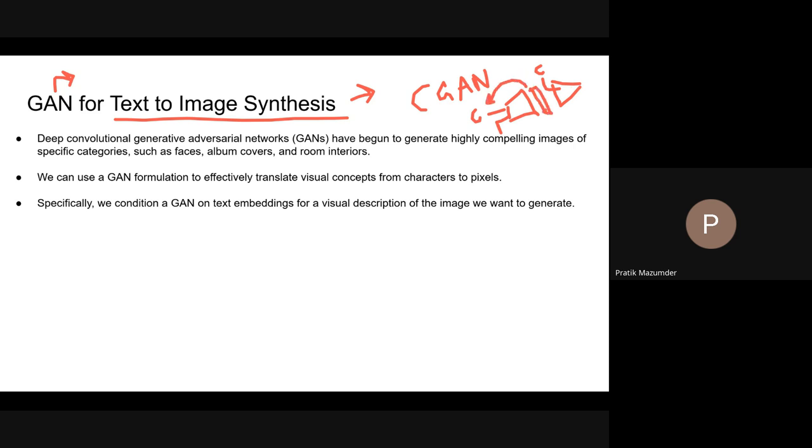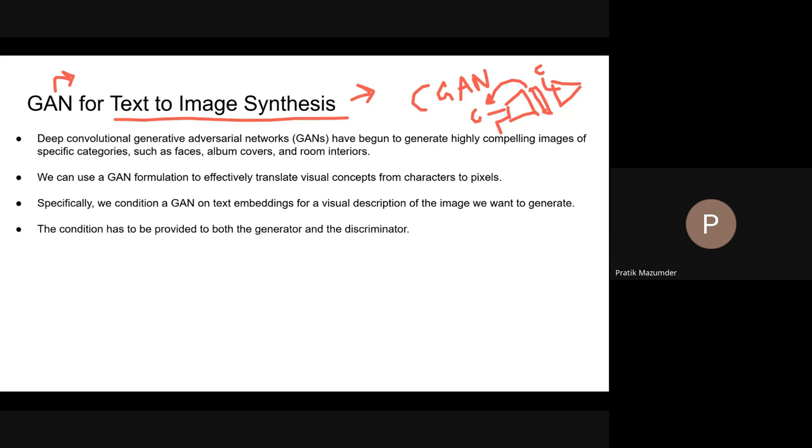We did this for MNIST, where we gave the input condition as the number that we are trying to generate, and this was able to start generating the images for that particular number, whichever condition we give. So text to image synthesis can be done in a similar manner. The only difference is that the condition that you give will actually be the text, or the embedded version of that text or some description of that image.